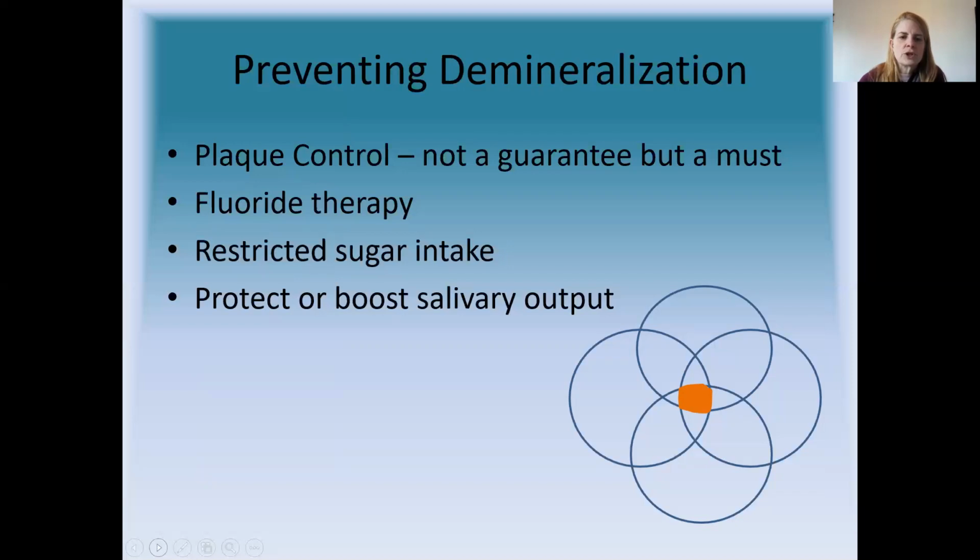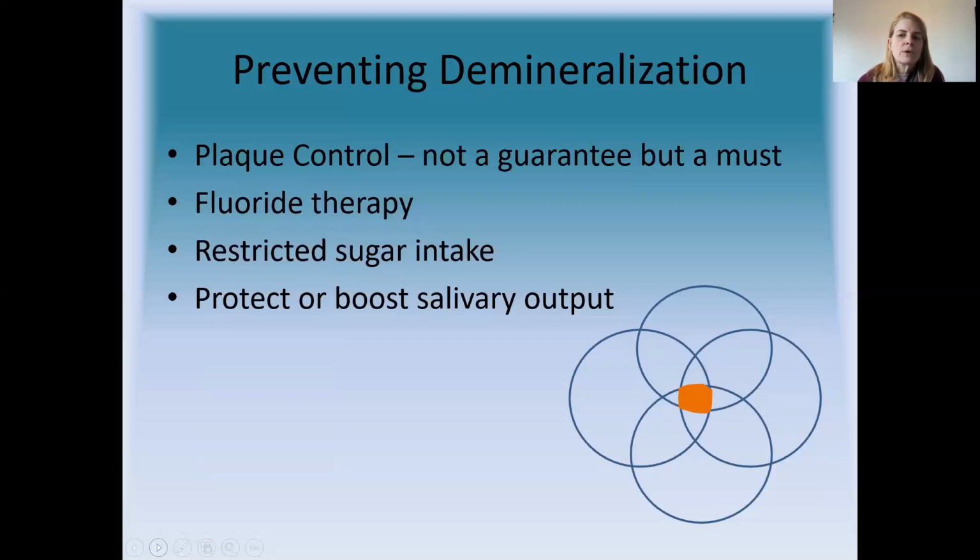The frequency of sugar, meaning that anytime they eat or drink anything, the plaque bacteria produce acid. The acid demineralizes the teeth because it lowers the pH in the mouth for a certain time period based on the kind of sugar it is, whether it's a liquid sugar or a sticky sugar. We know that it lowers the pH in the mouth and demineralization can occur.